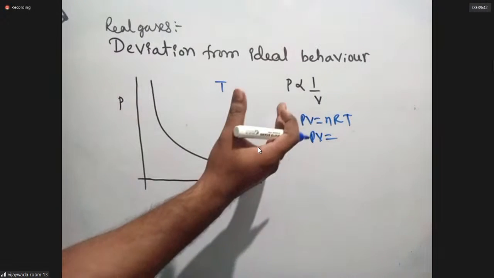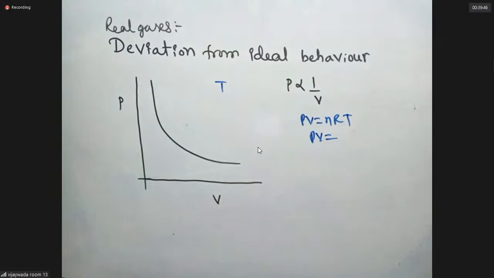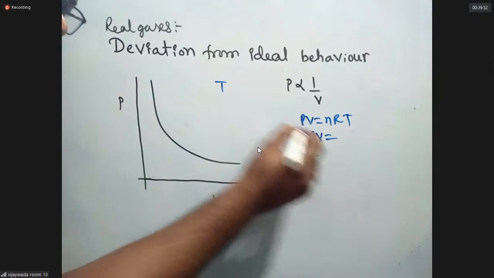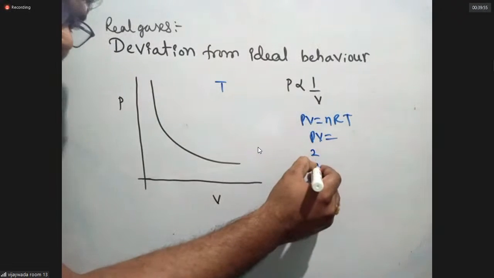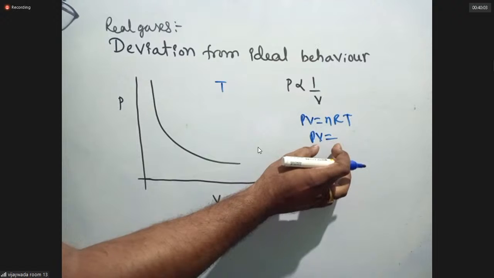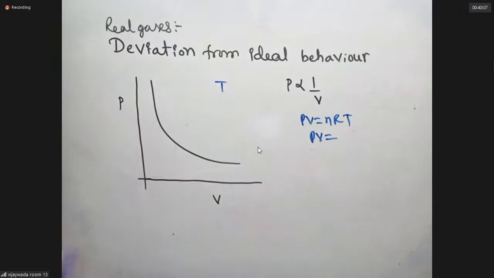Then we can easily apply different pressures and different volumes. According to the equation, if I take pressure 2, what is the volume? If I take pressure 3, what is the volume? We can easily measure by P1V1 equal to P2V2. So by using this formula, this is the obtained graph.